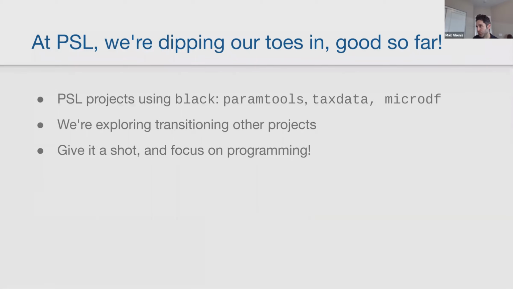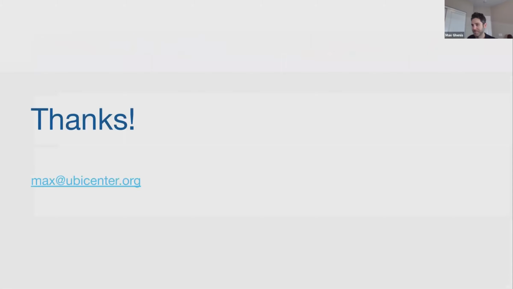So param tools is one library, tax data, and microdf, we are all using black, including this pre-commit hook. So we're kind of talking about transitioning other projects. If I was starting a new project, this is definitely something I would do. But I'm curious what you all think, especially PSL contributors, and how this can help focus on programming. So thanks so much. Sorry, I went a bit over.